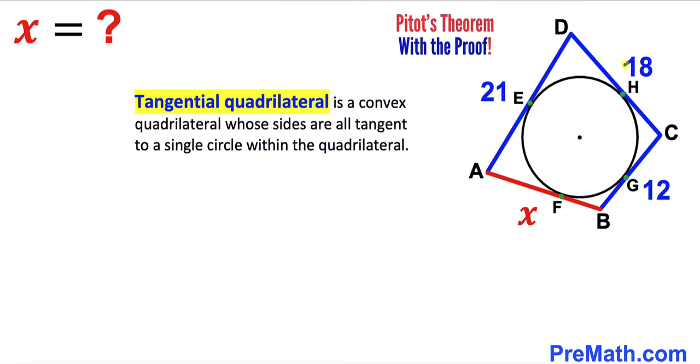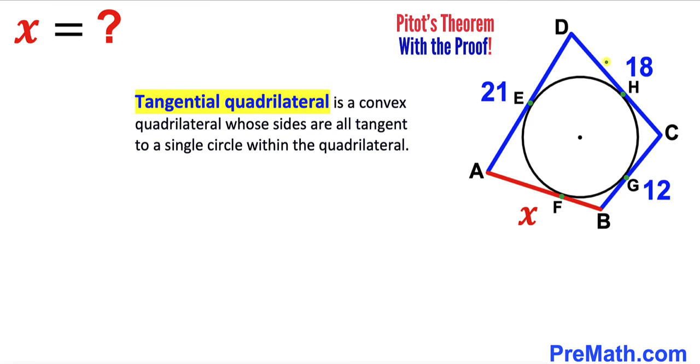Let's talk about this quadrilateral ABCD. This quadrilateral is called the tangential quadrilateral. It is defined as a convex quadrilateral whose sides are all tangent to a single circle inside that quadrilateral, as you can see in this given diagram.